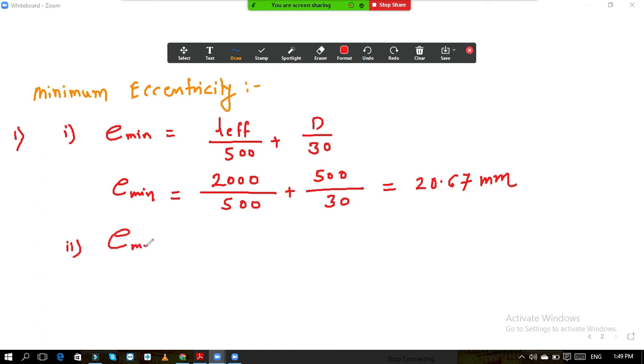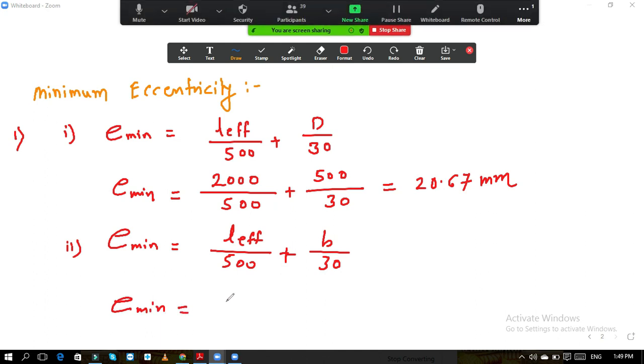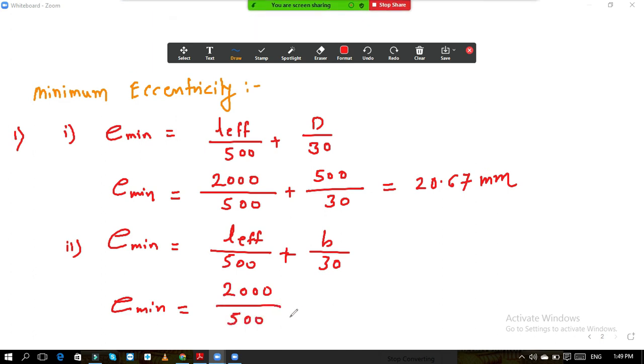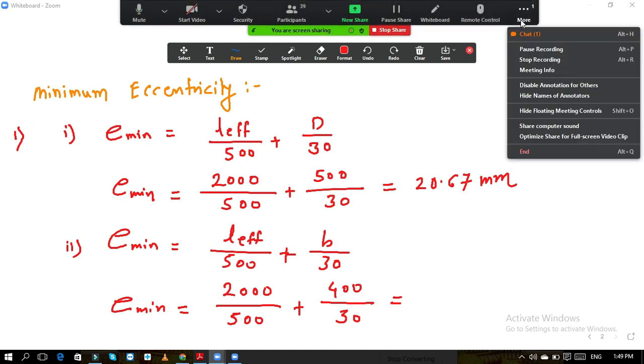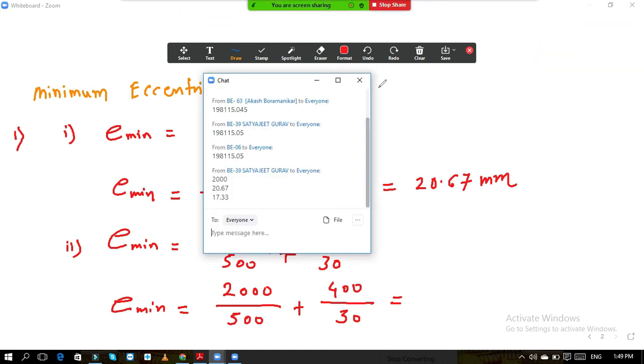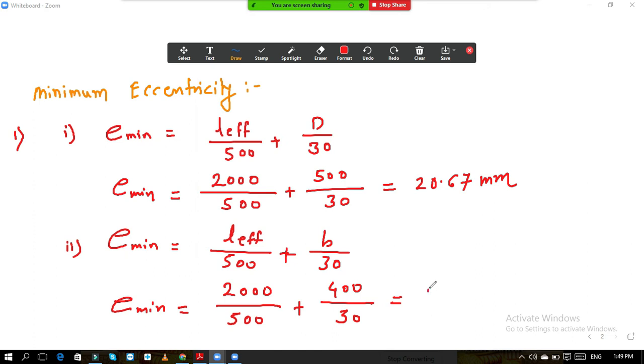After this, e minimum is equal to again L effective by 500 plus B by 30. e minimum is equal to L effective 2000 divided by 500 plus 400 by 30. So the answer is 17.33 mm.